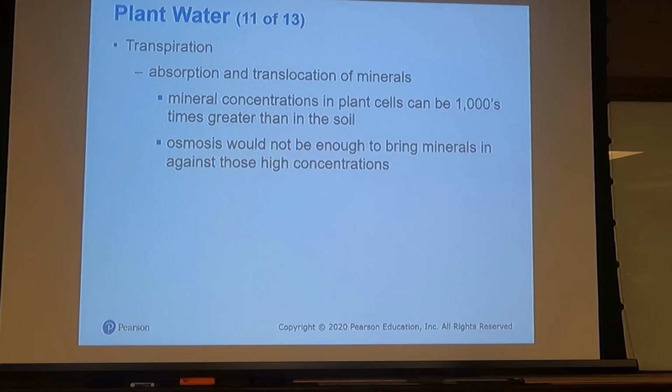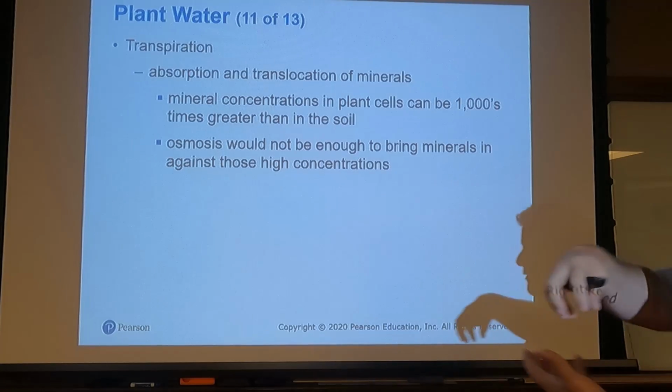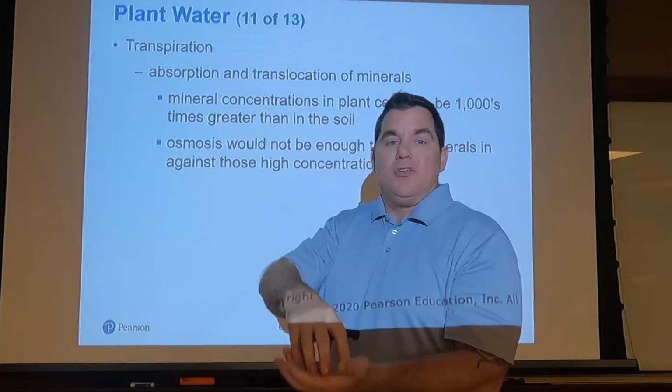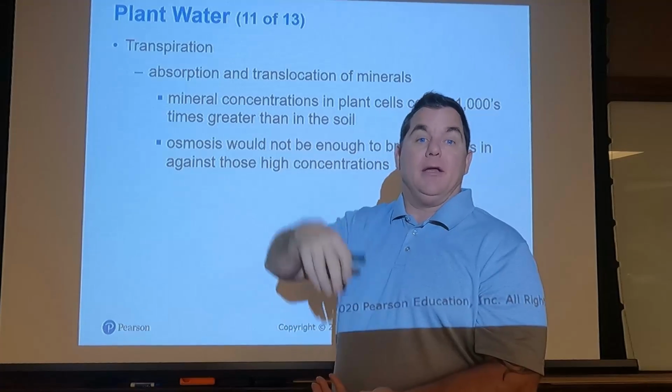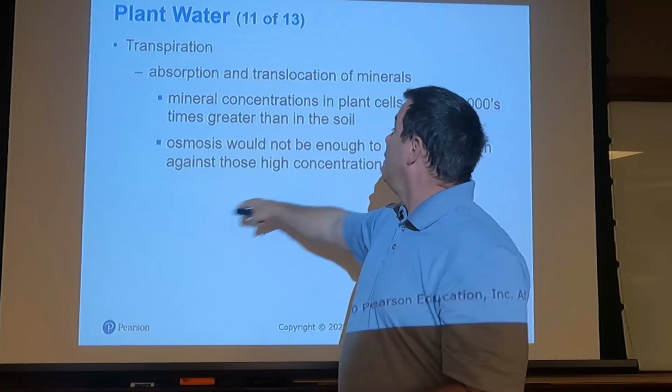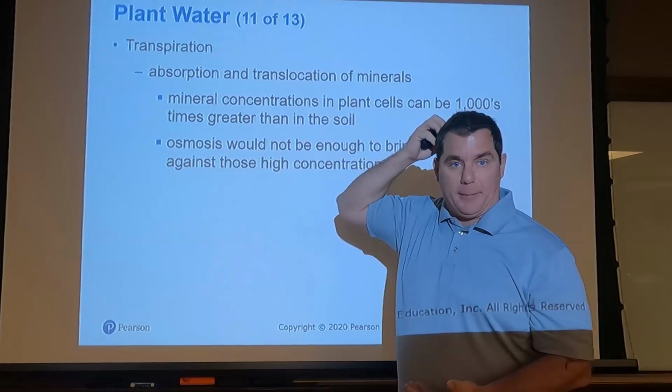Along with that, the mineral concentrations inside the plant cells may be much greater than what is in the soil. Because we have transpiration, when we have that straw sucking that water out, those nutrients are coming in regardless of the mineral concentration in the plant.